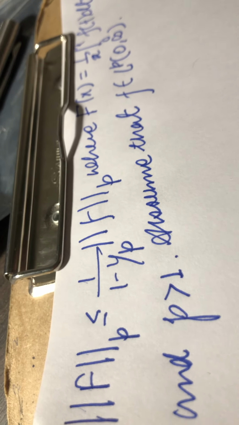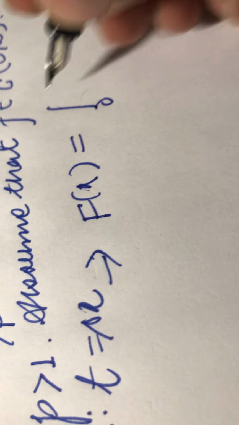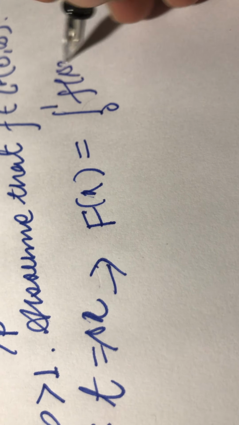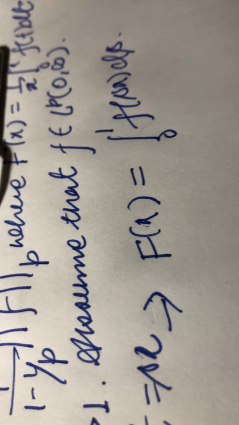Now in order to prove this, we'll start with a small baby step, and for that let's start the proof. We'll use one substitution, t is equal to sx, on this capital F. So we'll get that this big F is nothing but the integral from 0 to 1 of f of sx ds, sorry.